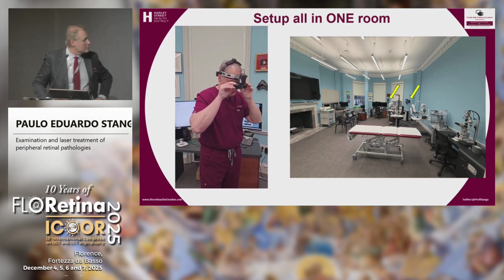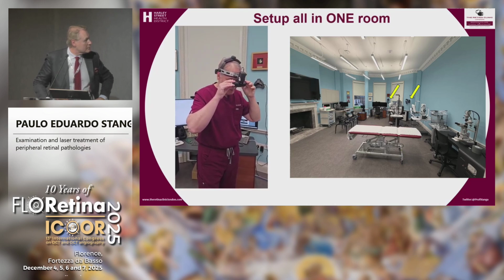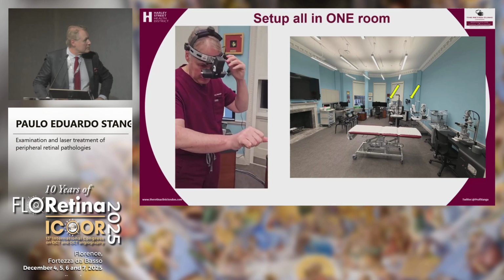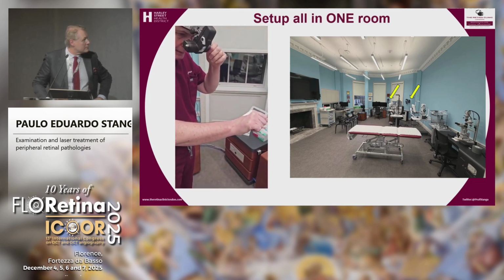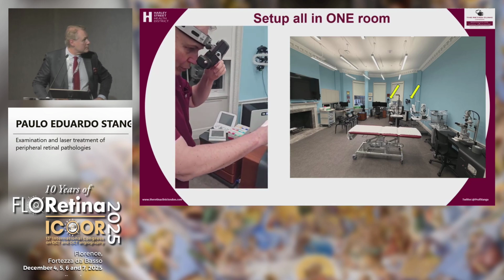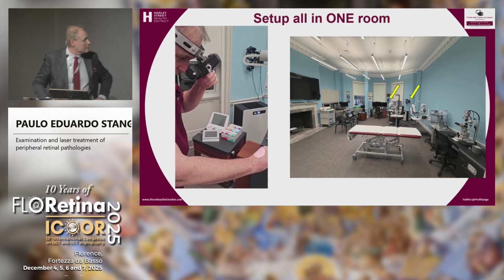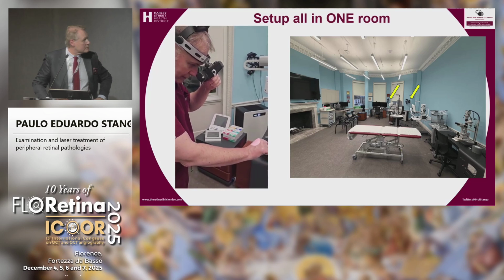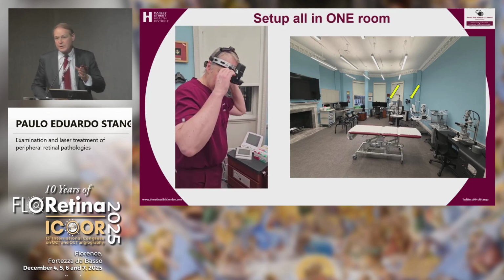Then I modify and adjust the interpupillary distance, I turn it on, and then I modify the height of the beam so that it is at the right angle, at the right distance from the patient. And here we go. So this is a very straightforward process, and you don't need to do this every day, every time.